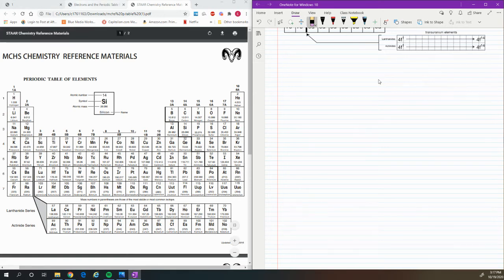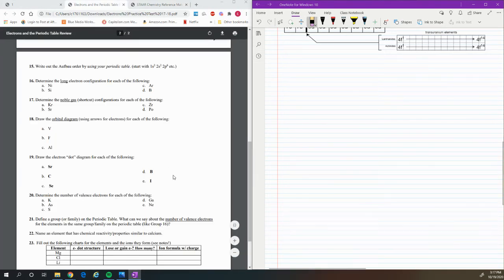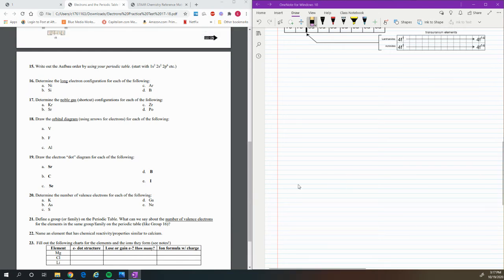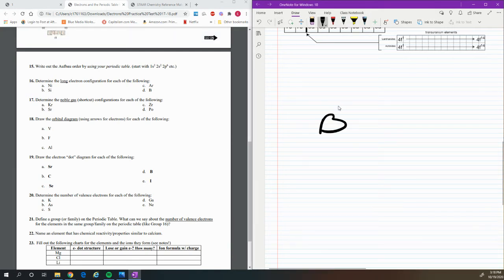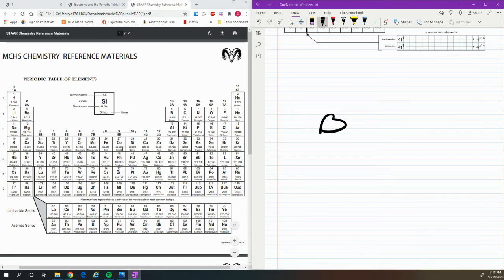All right, but why do we need to know that? So we need to know that for questions 19 and 20. Let's do 19 first, or actually let's not skip. Let's do draw the electron dot diagram for each of the following. Electron dot diagram is just, let's say we're doing it for boron. Let's draw boron right here. Boron, all we have to do now is figure out where it's sitting. It's in group 13.